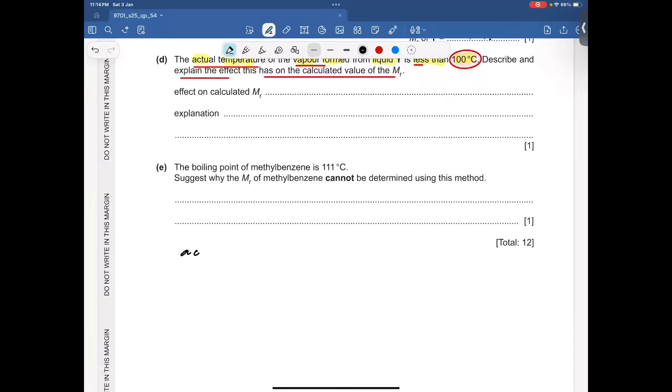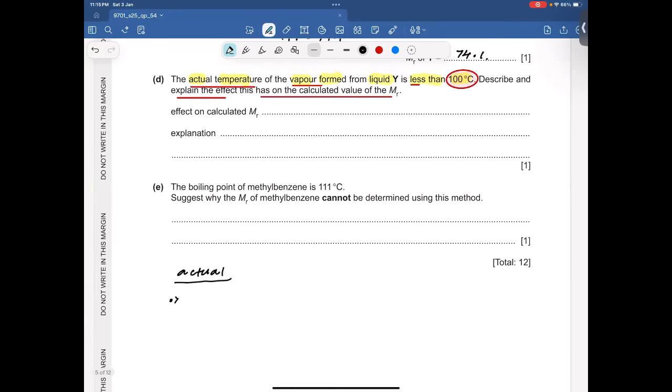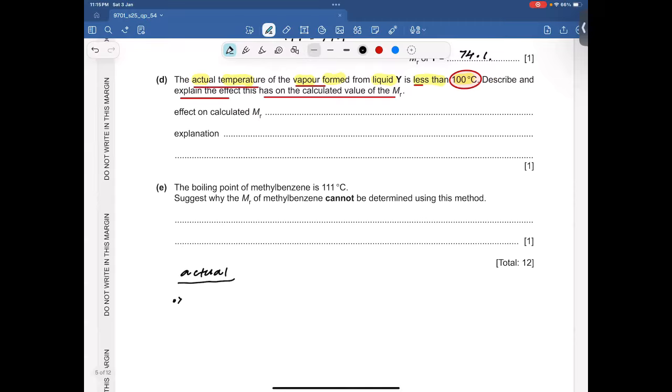The first one is actual: the actual temperature of liquid Y is less. What if you have a temperature lower than 100?